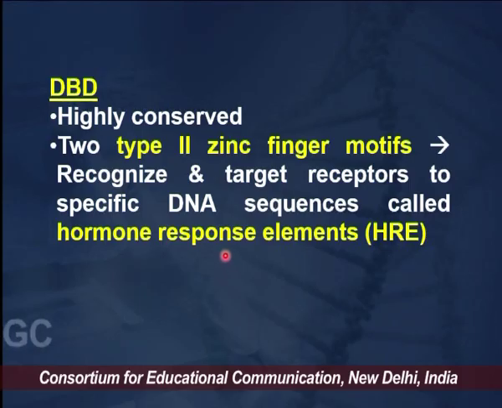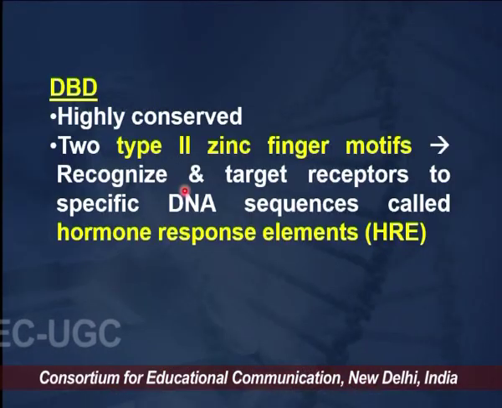Please make a note that the steroid hormone is either in the cytosol or in the nucleus. Whenever the hormone comes, it will bind to the receptor. Now, what is the function of this receptor? It has to go and directly bind to the DNA.